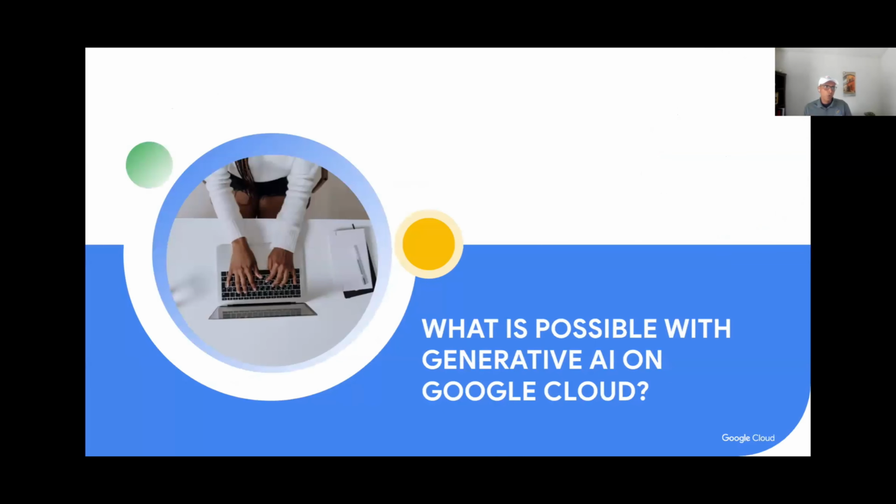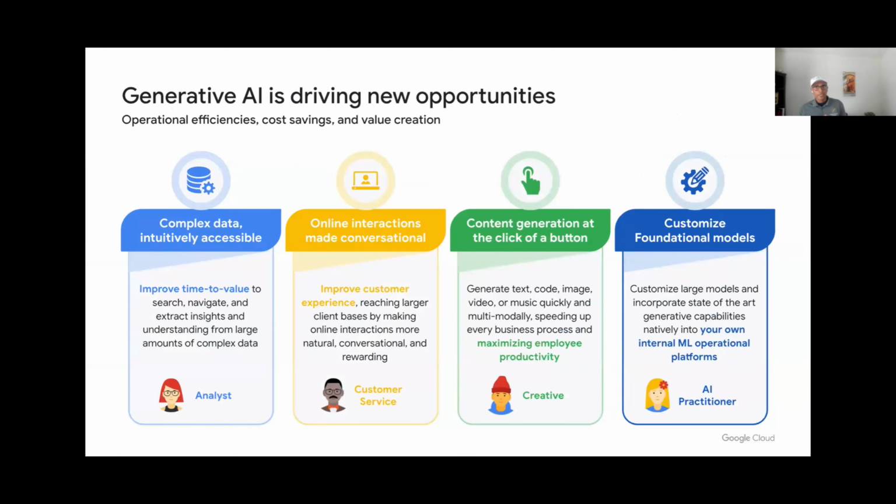Let's see what is possible with generative AI and Google. Large models promise incredible opportunities for industry to innovate on and create new business value. Here is why. Traditionally, you have needed a ton of resources to extract and manage complex, massive data.